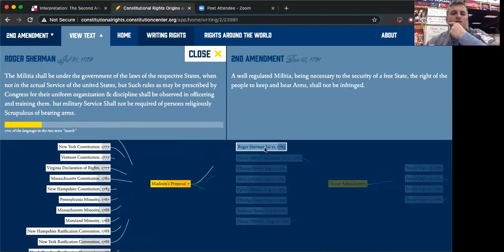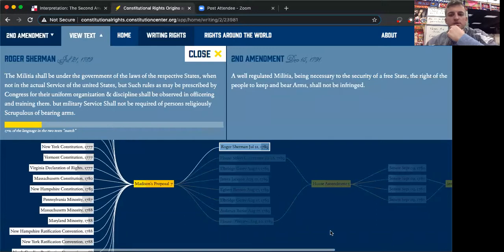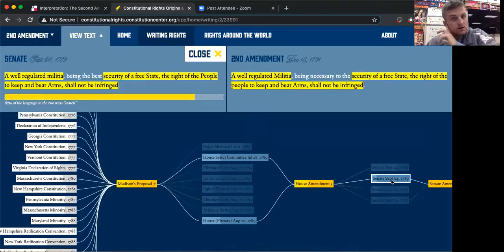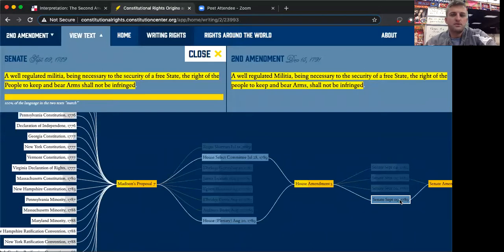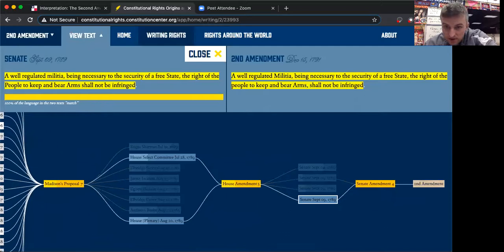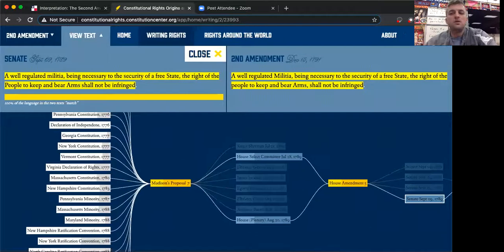And then you've got other interpretations of it. And then it goes to this House Amendment. And we've got a clear, oh, yeah. See, the only difference there is being the best instead of being necessary. It looks like that was the final Senate amendment. So click through that.